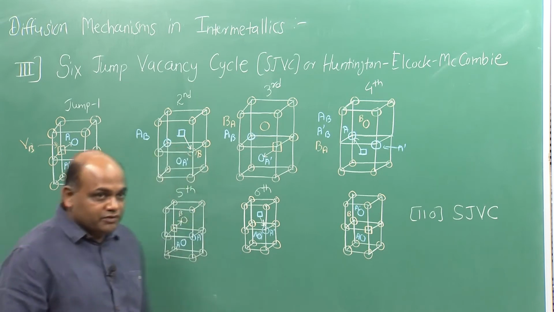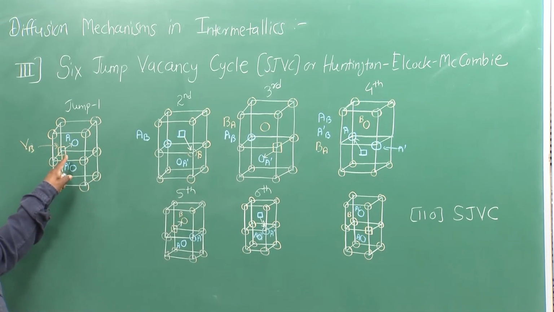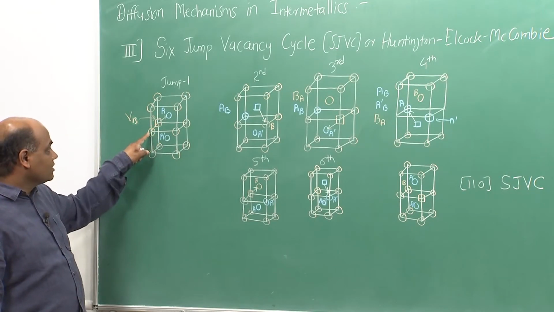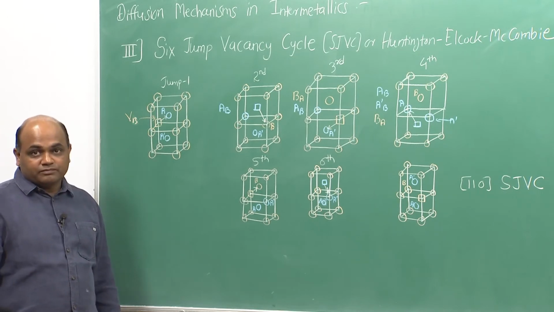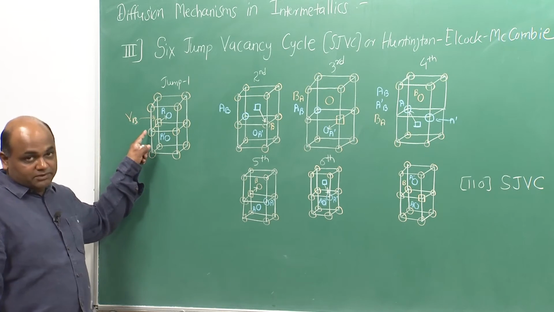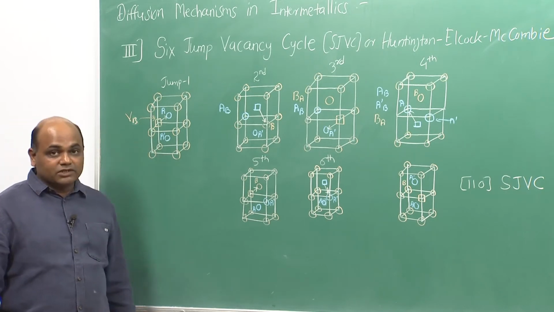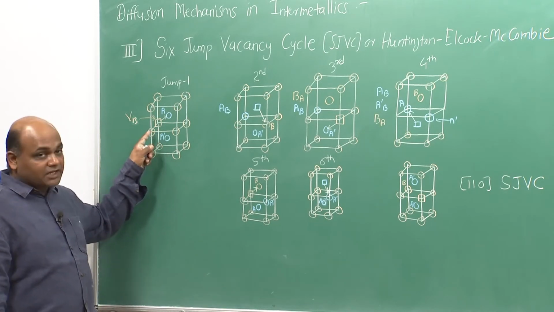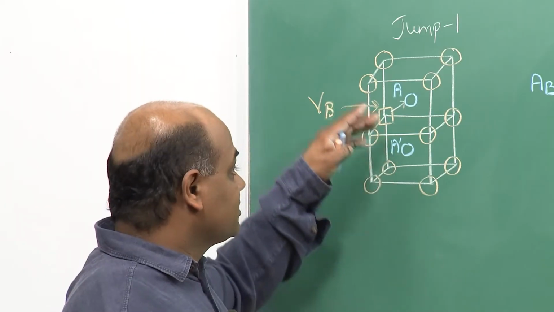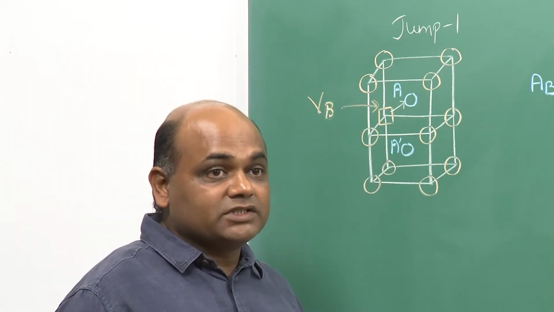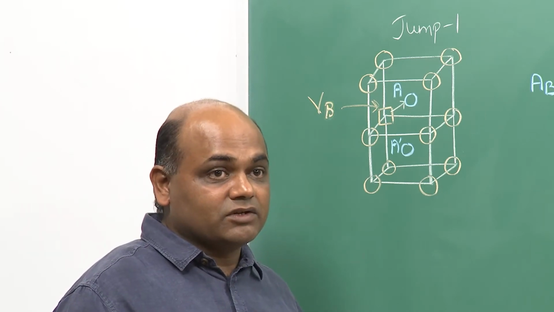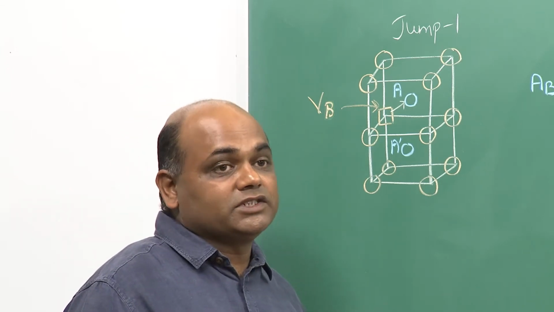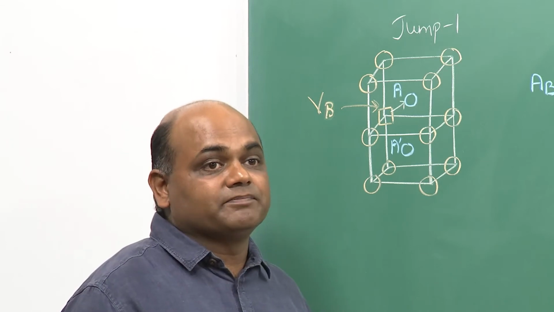We can also have a sequence of jumps of this vacancy such that the vacancy will move along 100 at the end of 6 jumps, and that will be 100 SJVC. Now, again within that 100 SJVC there are 2 variants: either all jumps may be in the same plane, which is denoted as straight 100 SJVC, or some jumps may be out of plane, which is denoted as bent 100 SJVC.